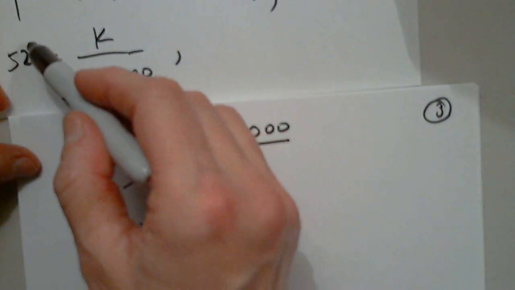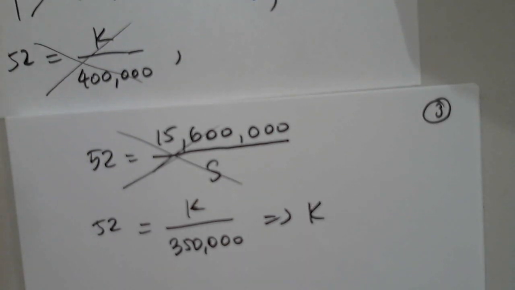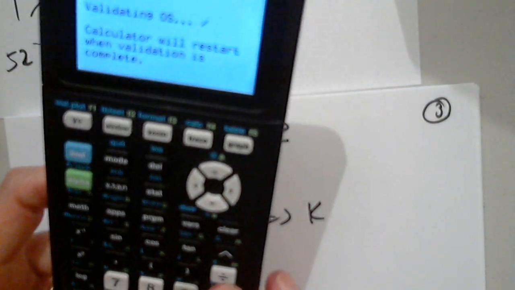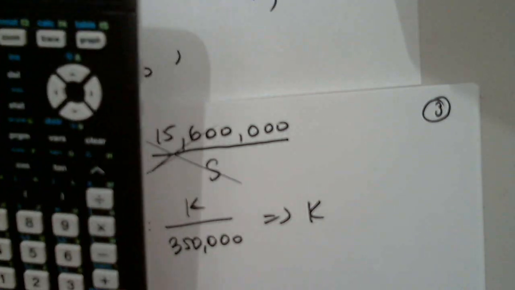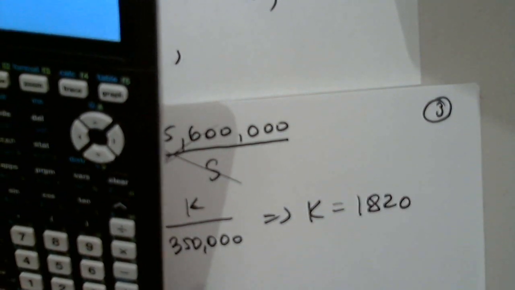I have to cross this out, and this out, and this out because I have to use 350. Okay, so K equals 52 times this. Oh, what is my calculator doing? So 52 times 350. Okay, so K is 182.